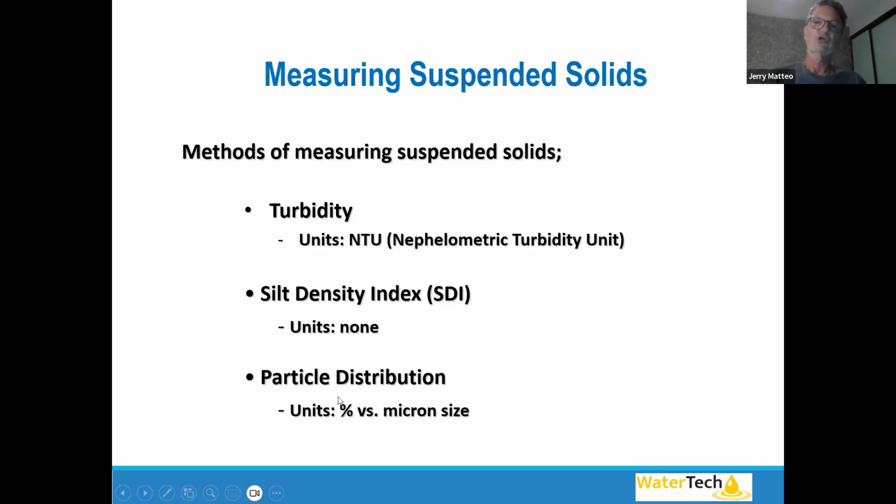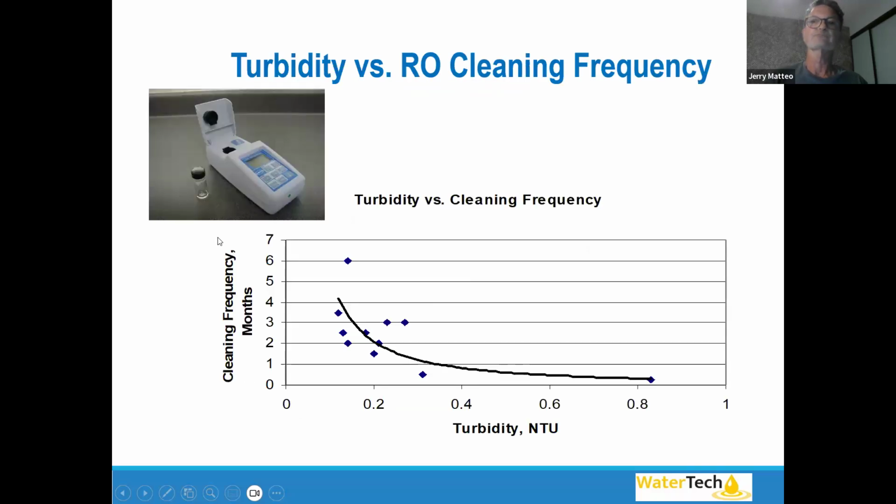Sometimes you can look at particle sizes and the distribution of the sizes too, but I don't see our customers using this one much. Some use this, and not even all do, but they certainly should measure turbidity, and we're going to see why.